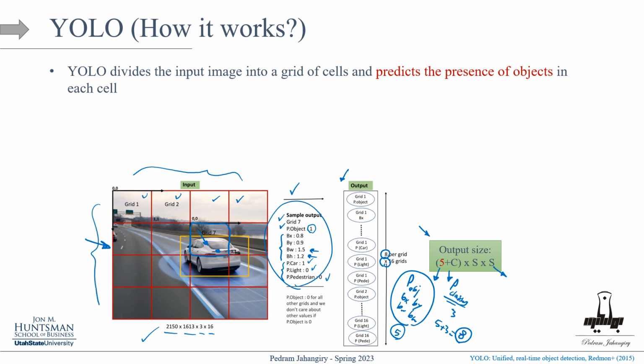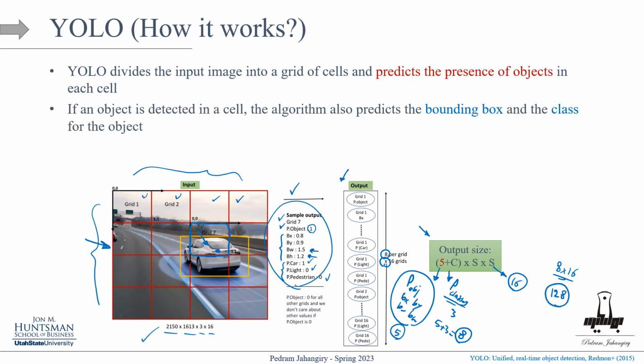So 4 by 4, it's 16. So this is where 8 multiply 16 is coming from. So the output now has 8 multiply 16 values, or things that we need to predict. In other words, the output size is 128.